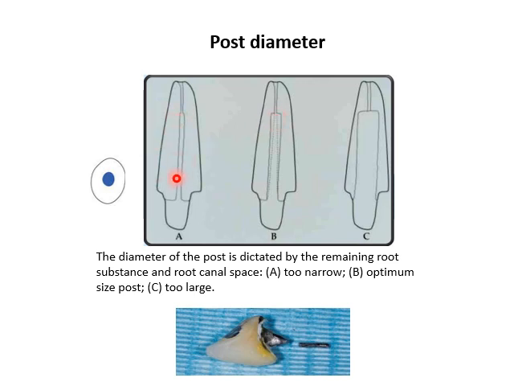Too narrow a post is vulnerable to fracture, while too wide a post results in weakening of the root.